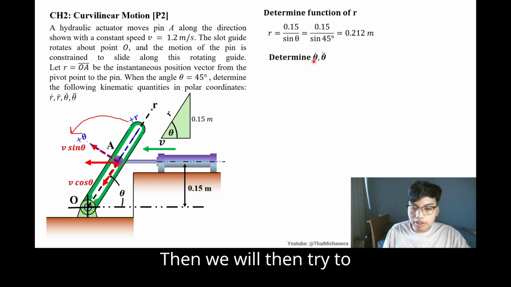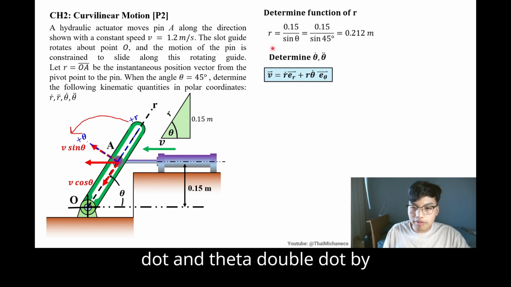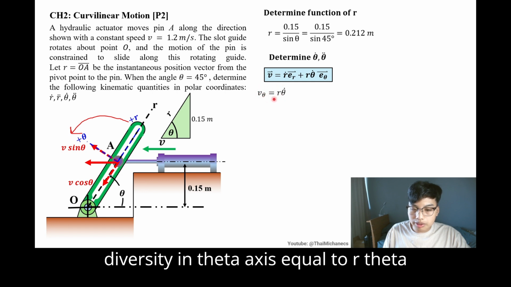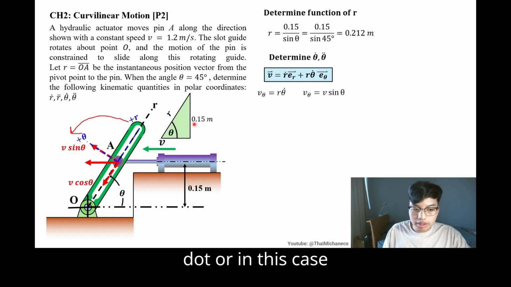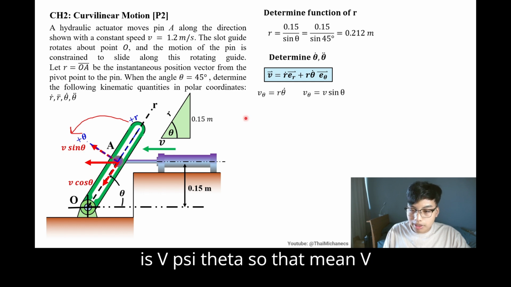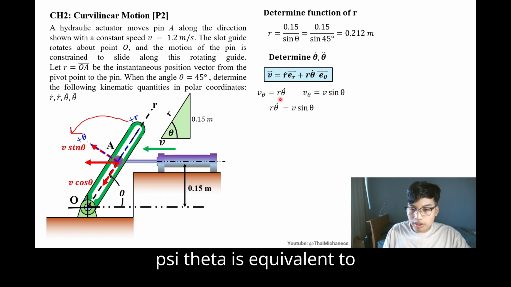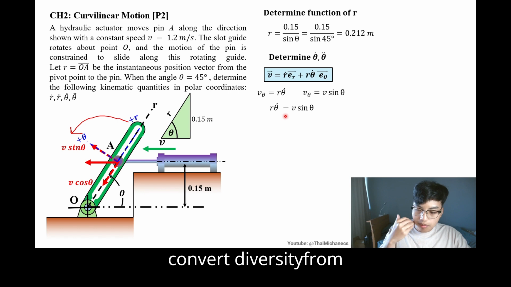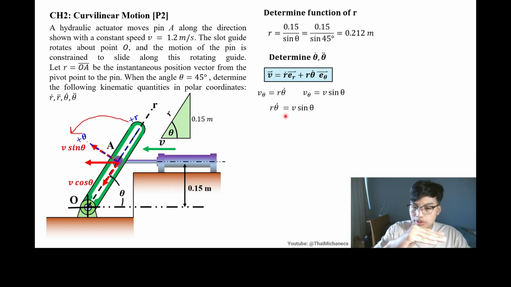Then we determine theta dot and theta double dot by first recalling the equation of the velocity vector. The velocity in the theta axis, v theta, equals r theta dot, and in this case the velocity in the same direction is v sine theta. So v sine theta is equivalent to r theta dot. We convert the velocity from one direction into theta and r.